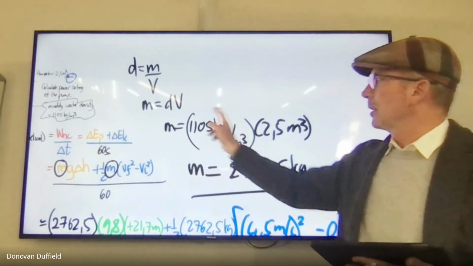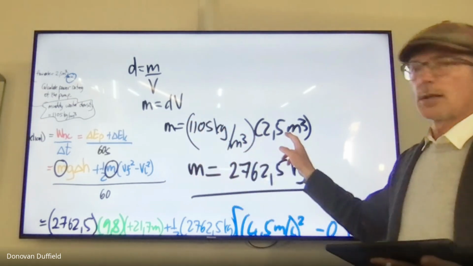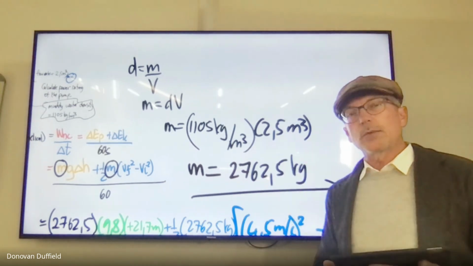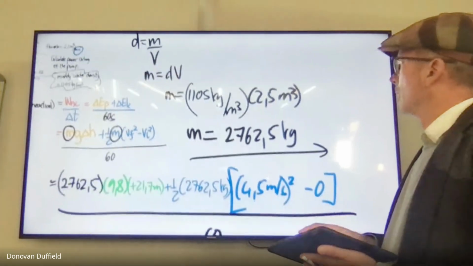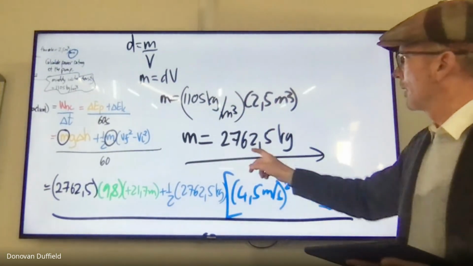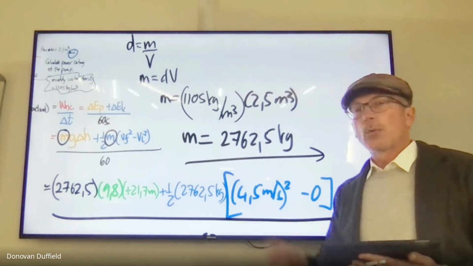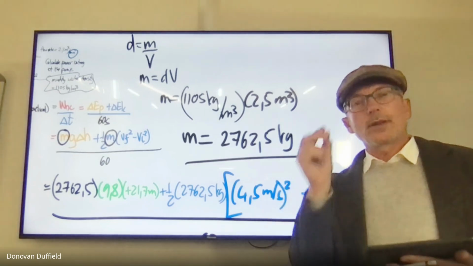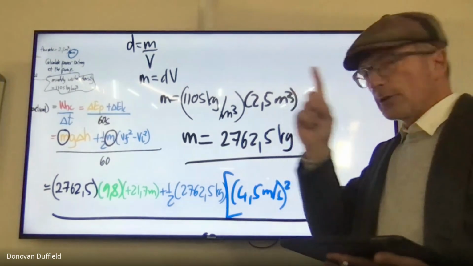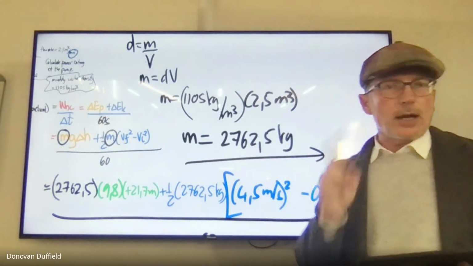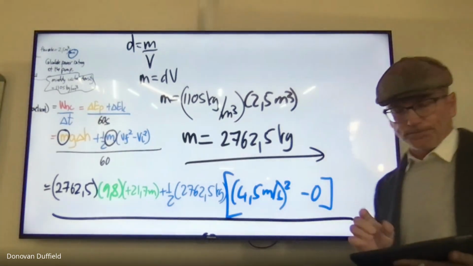So mass is going to be the density of the muddy water times the volume. Well, they told us it's 2.5 cubic meters. So 1105 times 2.5 gives us 2,762.5 kilograms. We have the mass of water that's pumped per minute. Just want to mention to you that if it's pure, clean water, it's 1,000 kilograms per cubic meter.